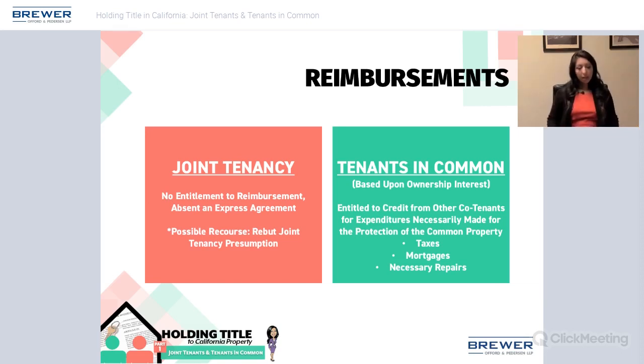Okay, reimbursements. In a true joint tenancy, you are not entitled to reimbursement absent an express agreement. So joint tenants is from the beginning, you are taking the property as equal ownership. There is no distinction between whether somebody is 30% owner, 70% owner. It's equal. So everything's equal.